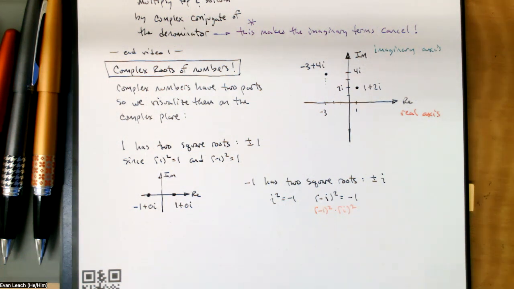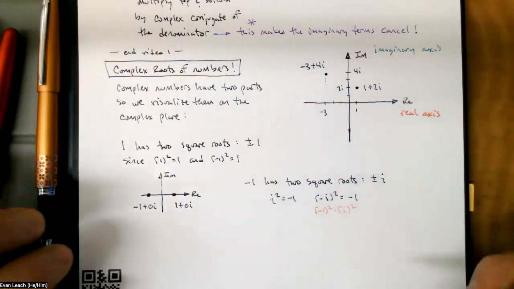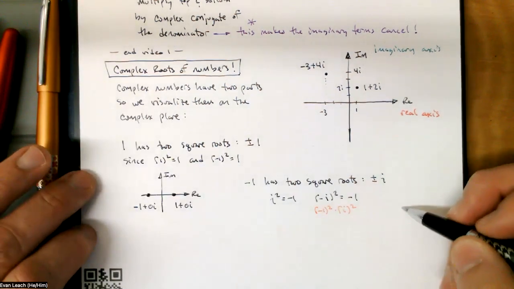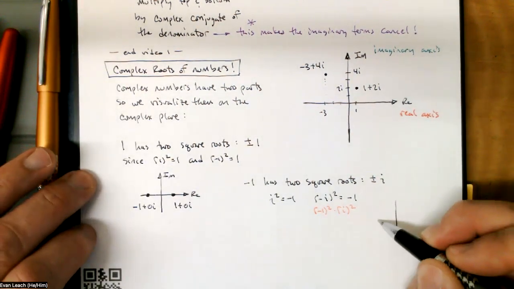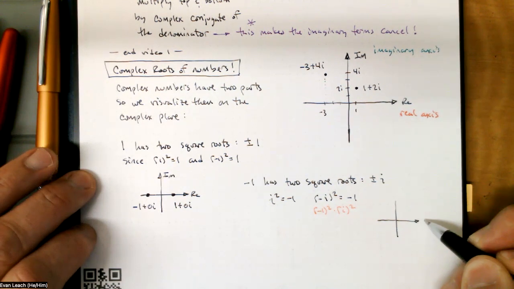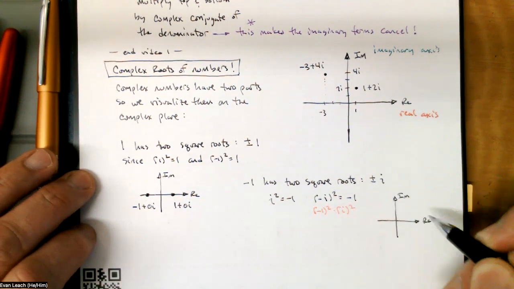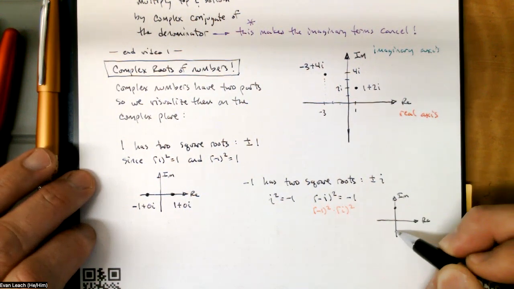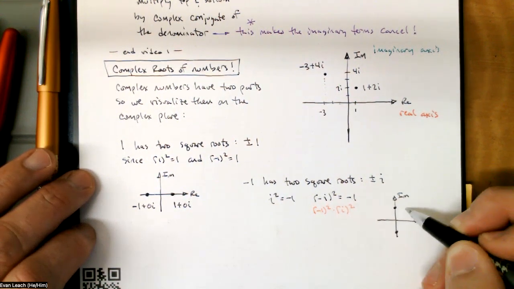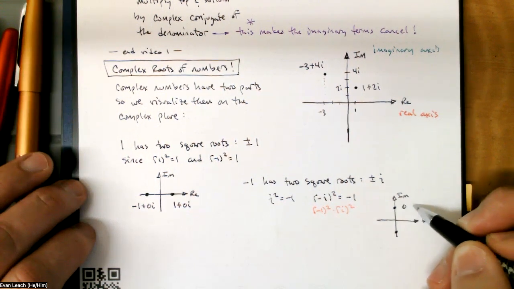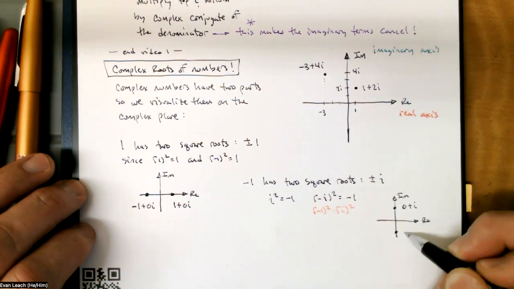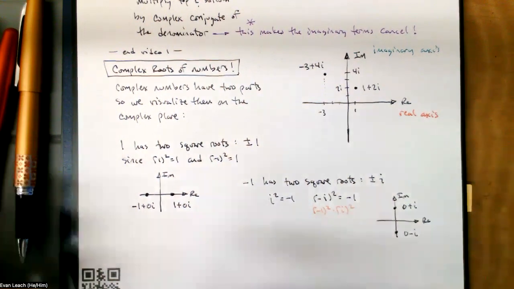And if I plot them on the complex plane, I'm here at 0 plus i and 0 minus i.